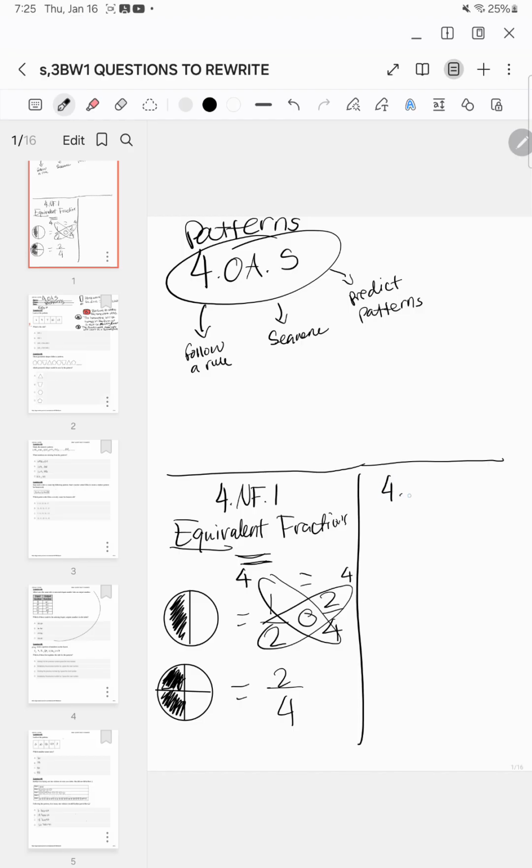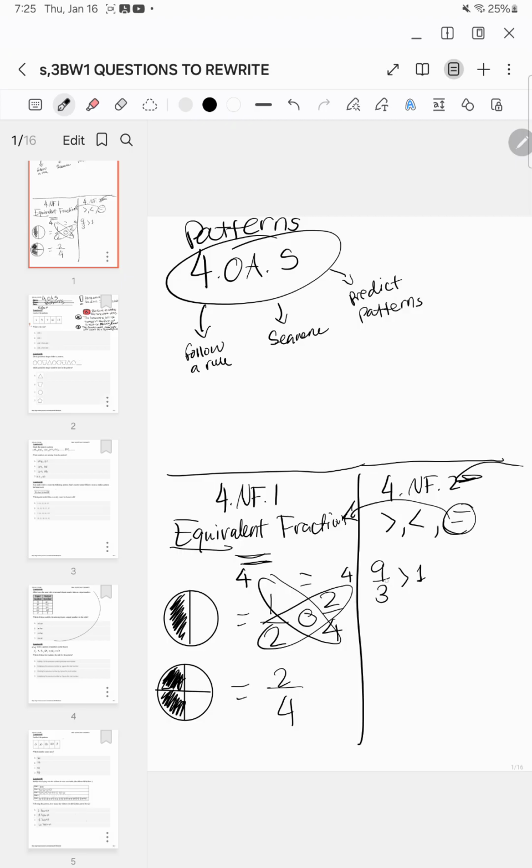Now, 4.NF.2 is like comparing numbers, but instead it talks about greater than, less than, or equal to. And again, if they're equal, this is kind of like dealing with this. Also you need to know for any improper fraction, when the numerator is bigger, it's going to be greater than 1, because all fractions are division problems.